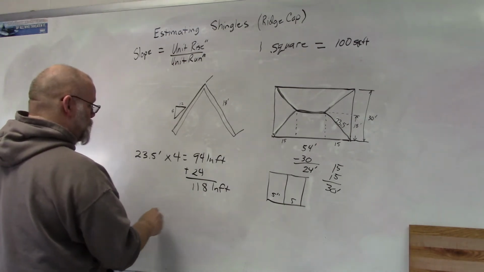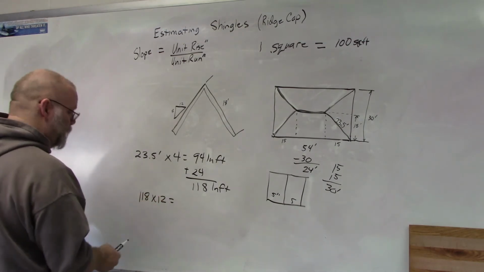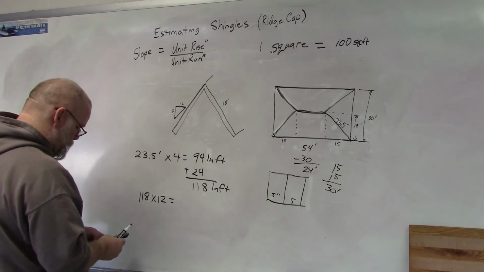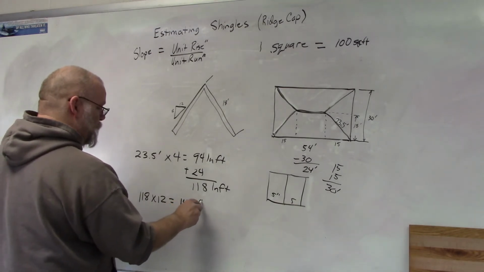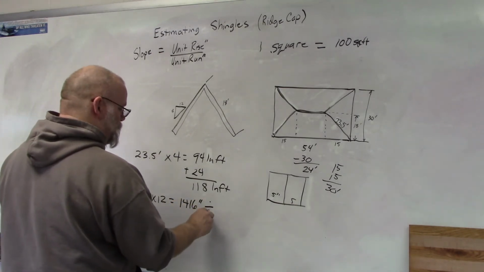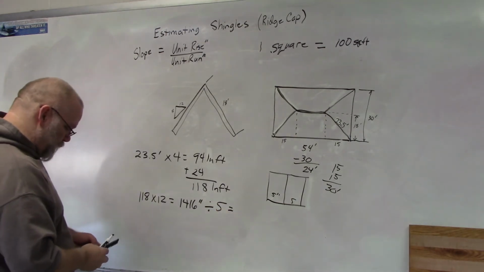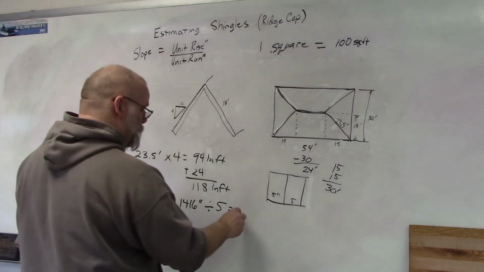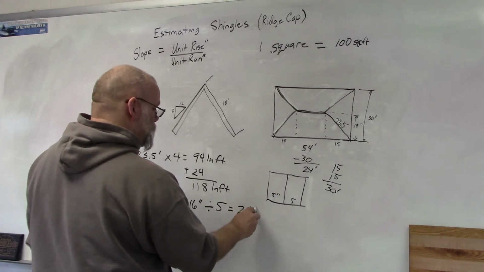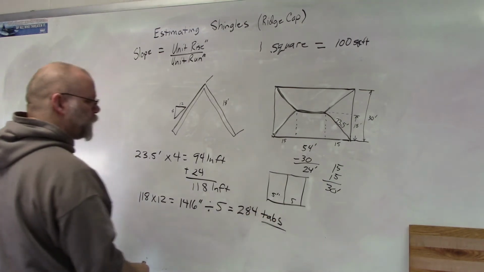We're going to do 118 times 12 inches in a foot. 118 times 12 gives us 1,416 inches, divided by the exposure, which is approximately 5 inches, gives us 283, rounded up to 284, what we would call tabs.